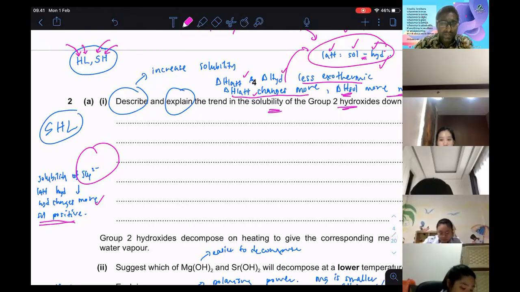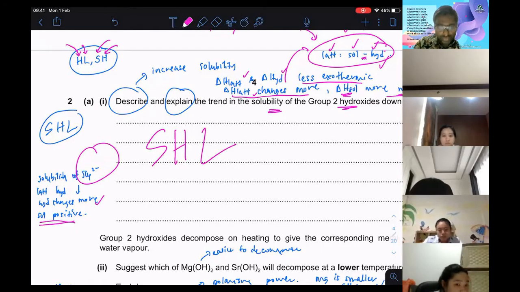So I came up with this simple SHL. If you have sulfate, your hydration changes more.